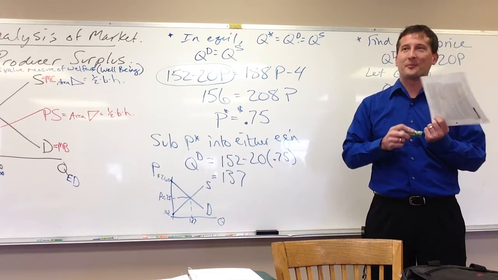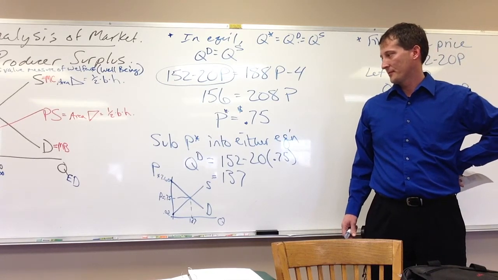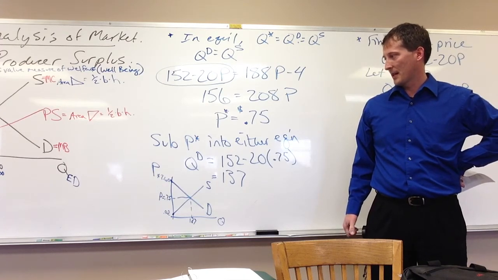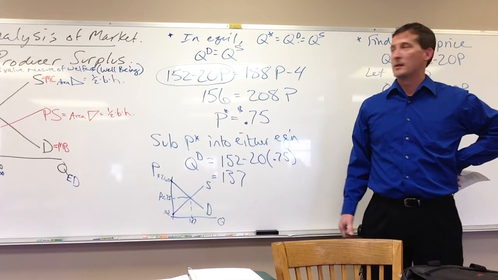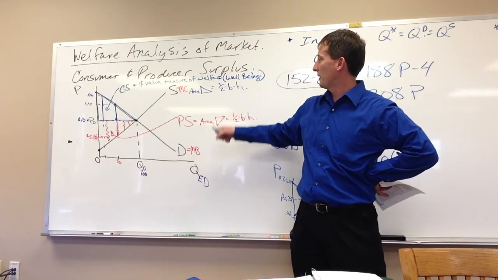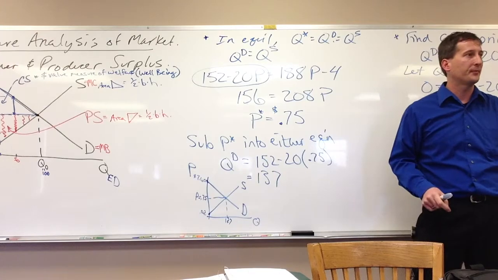Next step. 137 is going to be your base, or your height, whatever you really want to look at it as. And then solve for your consumer surplus. Go back to your geometry right here. So the area for this, the area for this, you've got all the points. Go for it.